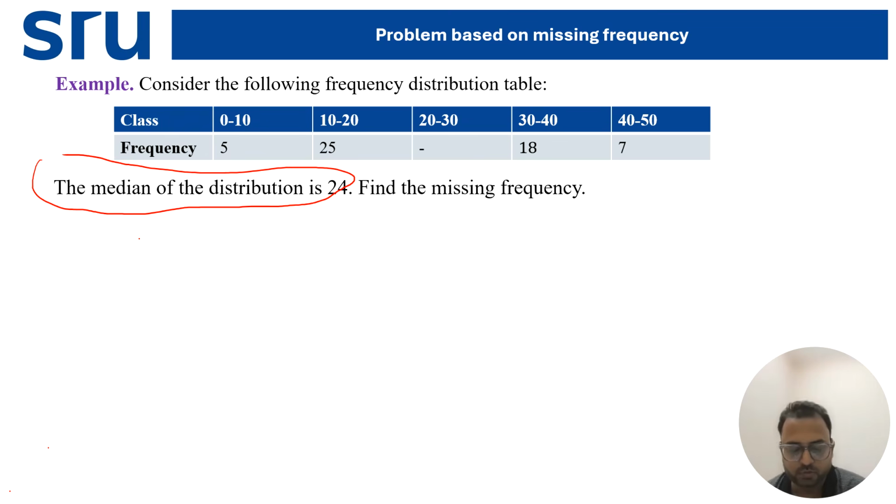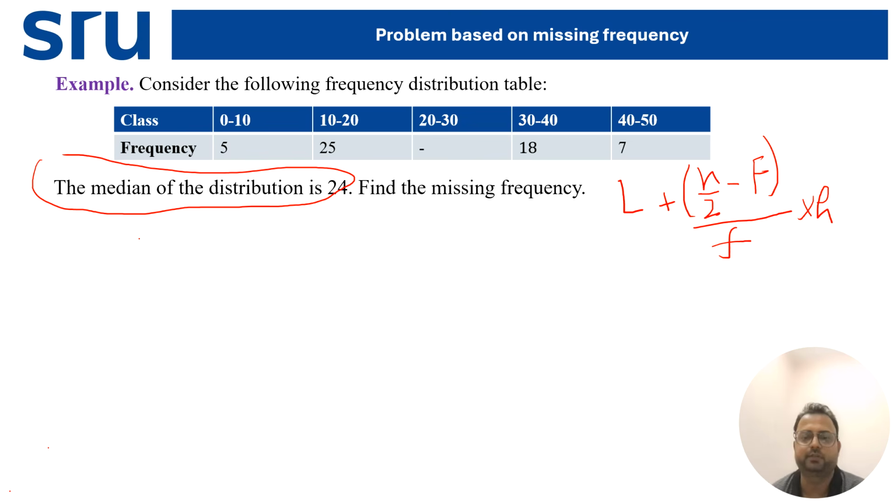The formula of median for a continuous frequency distribution is: median is equal to L plus (n by 2 minus F, capital F) divided by small f, into h.